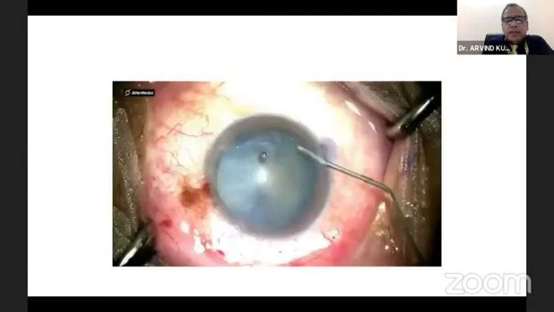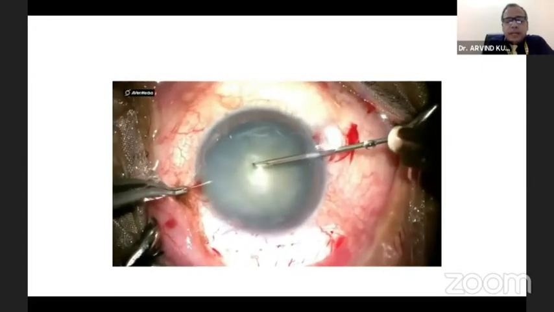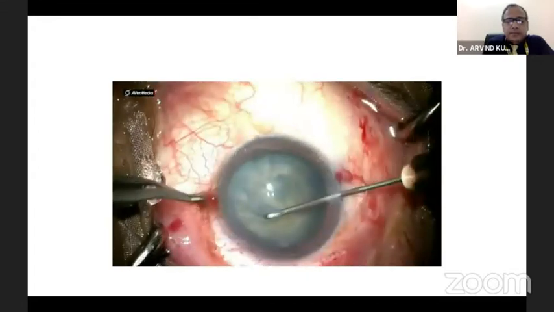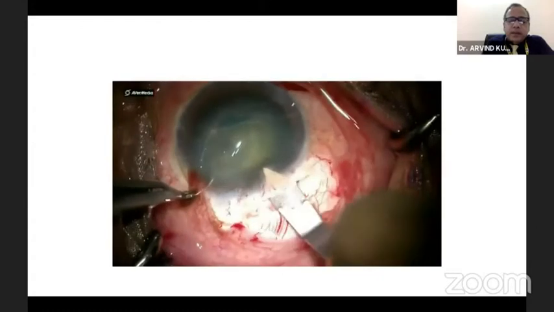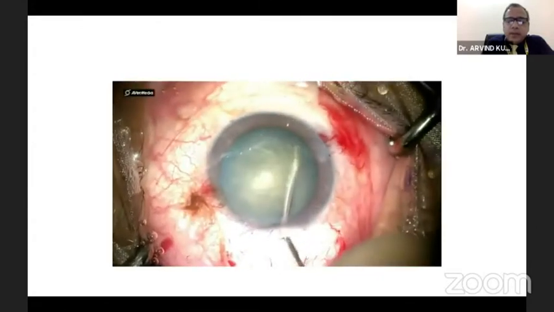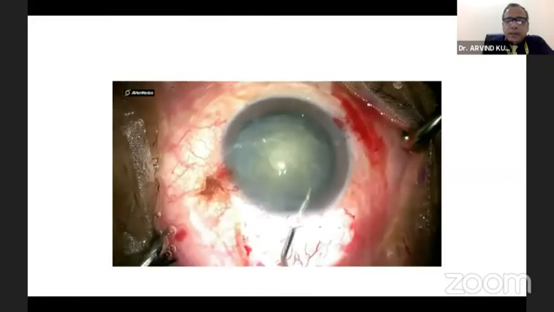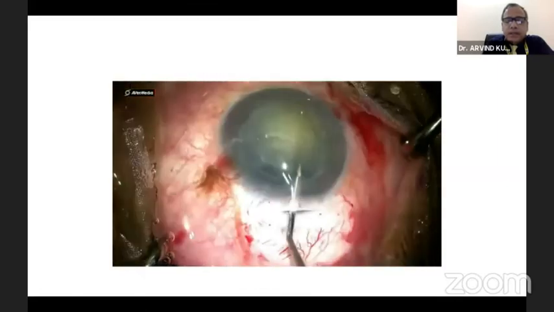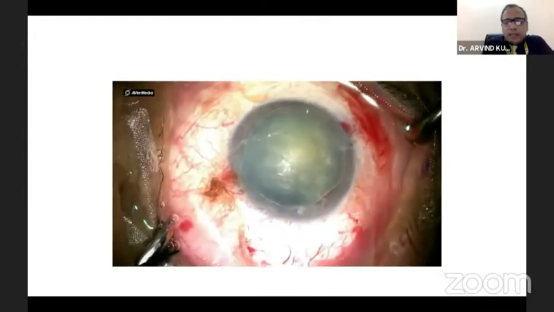A side port is given, and after trypan blue, a capsulotomy is made. It should be around 5.5 to 6.5 mm for easy delivery of the nucleus. Now with the help of the balanced salt solution cannula, bevel down, the nucleus is brought into the AC.